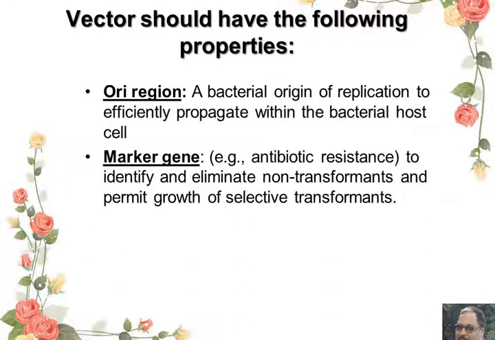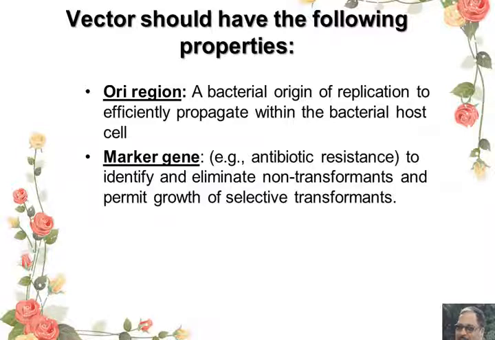The second property is they should have selectable markers or marker genes. The selectable markers help in identifying and eliminating non-transformants and permit the growth of selective transformants.